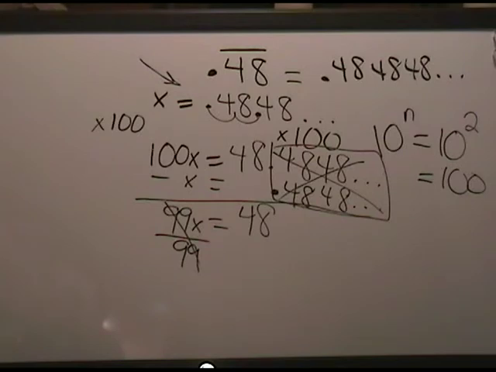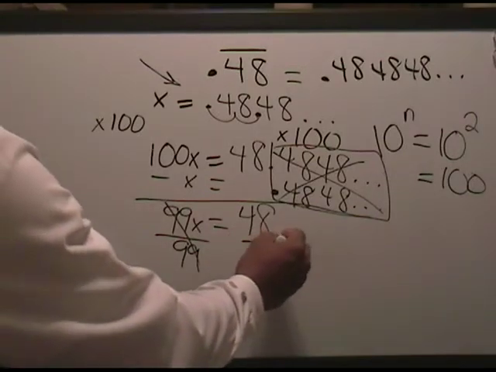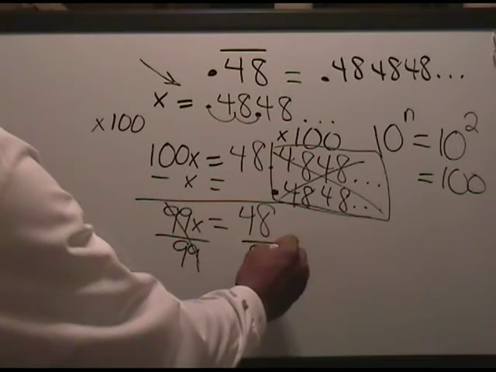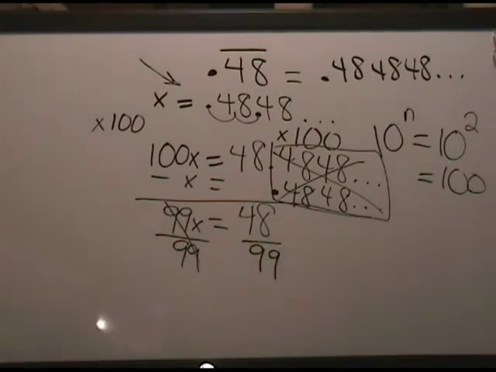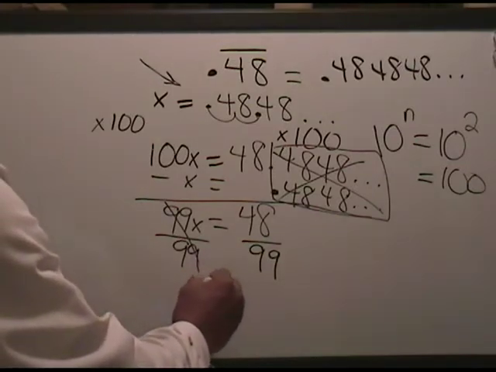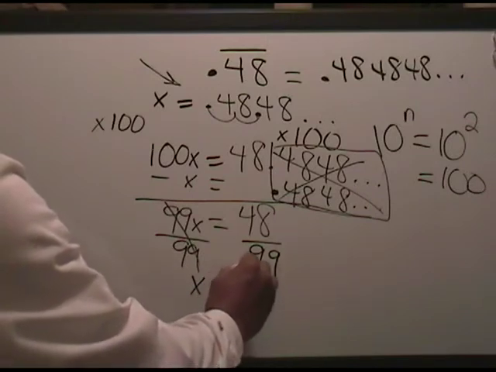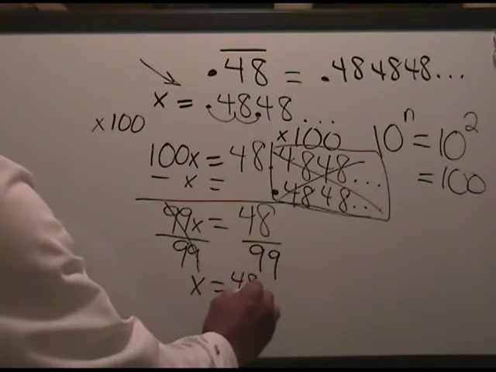And whatever you do on one side of the equation, you must do to the other side of the equation. So now, once we simplify this equation, we're left with x is equal to 48 over 99.